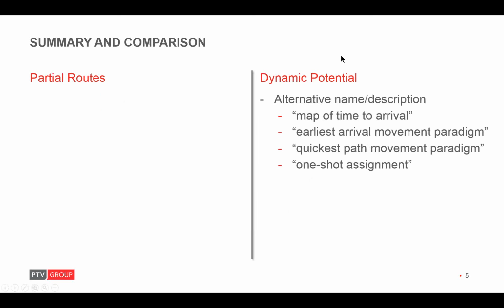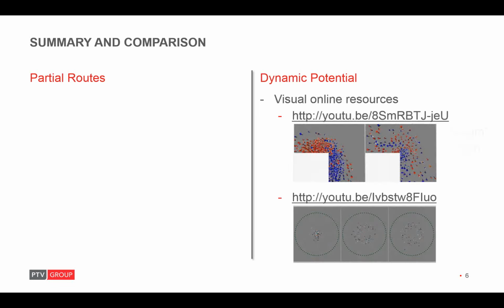Then, just some alternative descriptions for dynamic potential, because the word dynamic potential doesn't really produce an imagination of what it is. There are alternative descriptions like map of time to arrival, earliest arrival movement paradigm, or quickest path movement paradigm, or even one-shot assignment, which describe a bit clearer what the dynamic potential does.